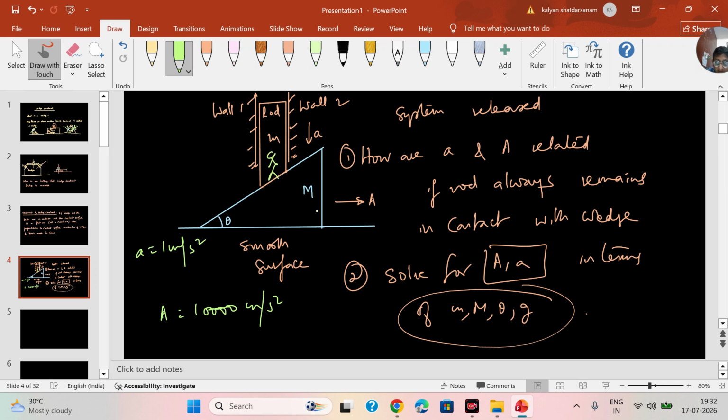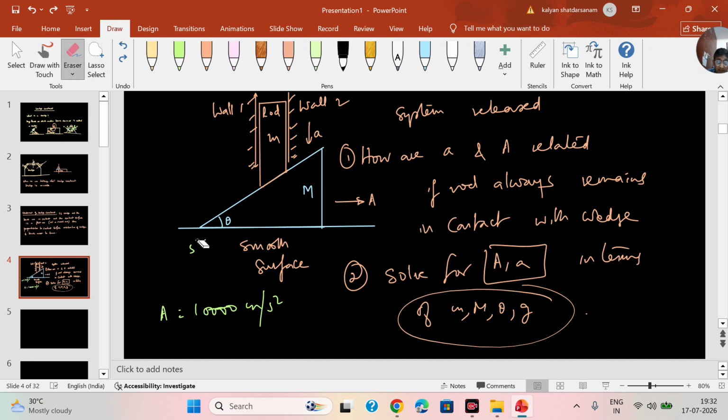The wedge just quickly went away and suddenly you see that you are hanging in here and you start falling down and land on the ground, and that may be dangerous. So you just cannot give any value of acceleration for small a and capital A. They are related in a certain way. If the contact is to remain, they just cannot have any values that you want. The values are related in a certain way, and that is what we want to find.